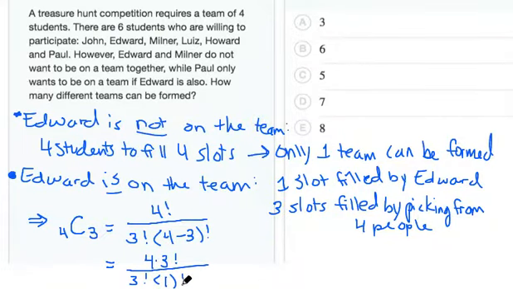And 1 factorial is just 1, so we can replace that with 1. The 3 factorials in the numerator and denominator cancel. So we have 4 left on top over 1, which equals 4. This means that there are 4 different teams that can be formed, since there are 4 different ways to choose the combinations of people.